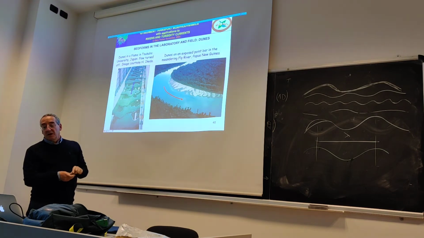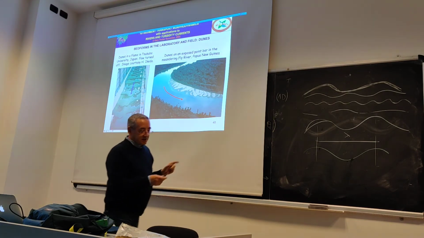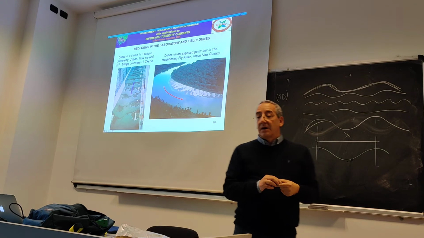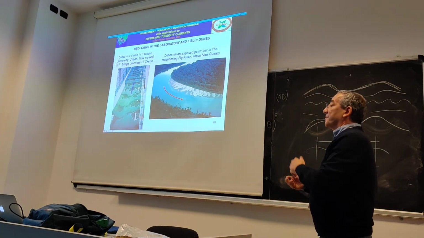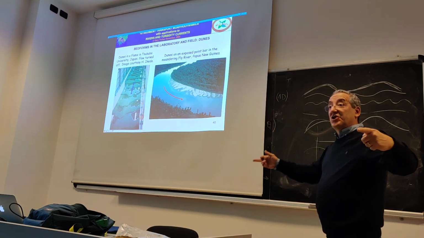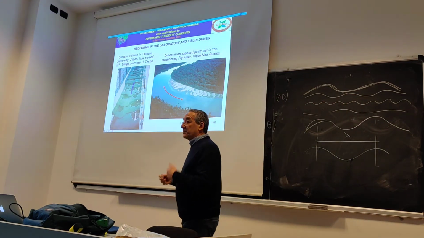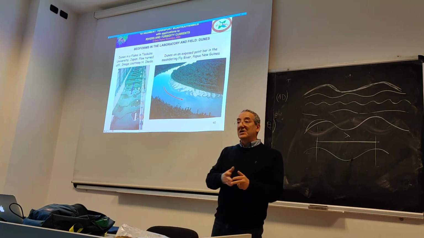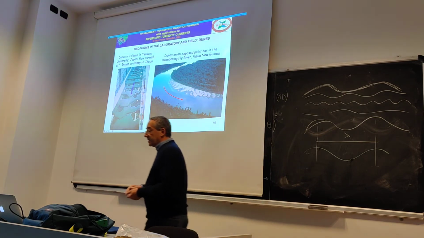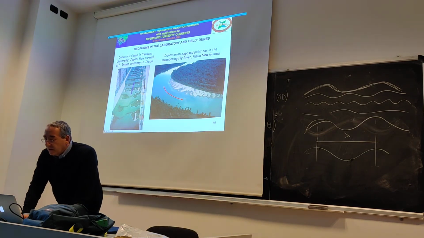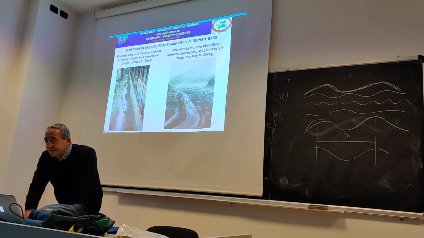Another typical thing that characterizes alternate bars with respect to dunes is that they are much longer. So a point bar, but also alternate bars, are typically much longer than dunes and anti-dunes, which are another category.